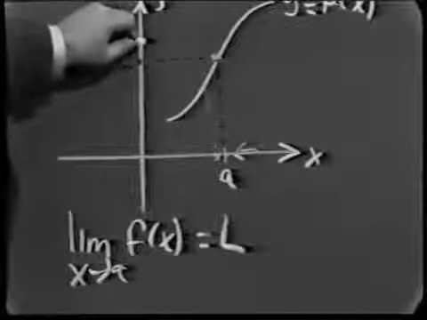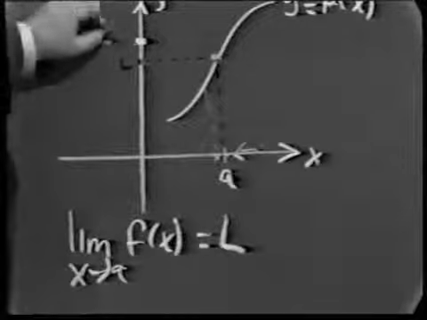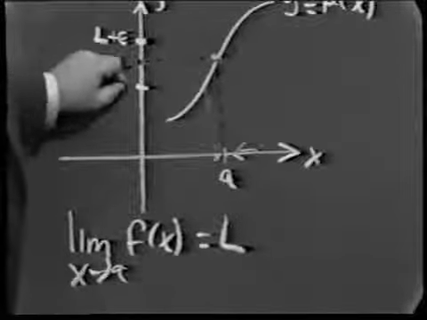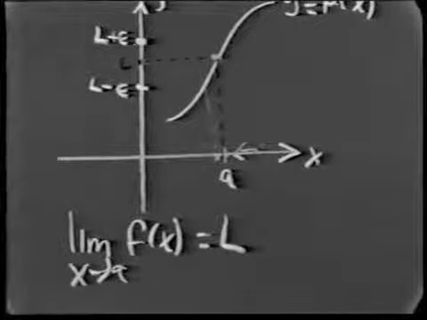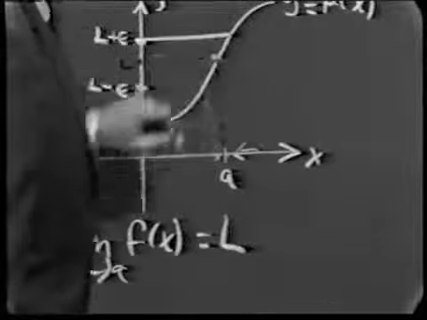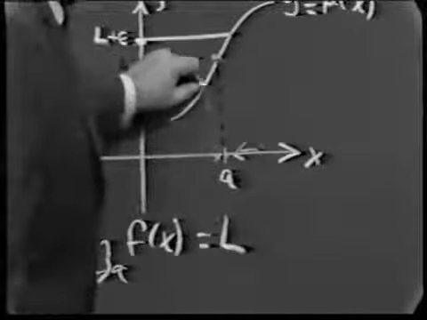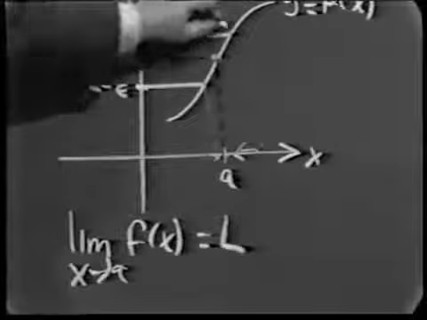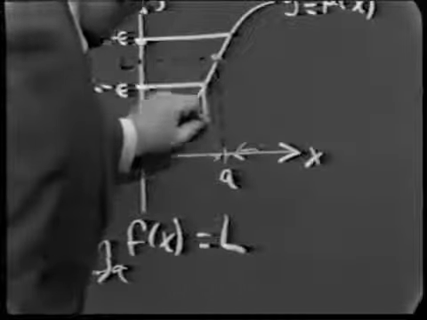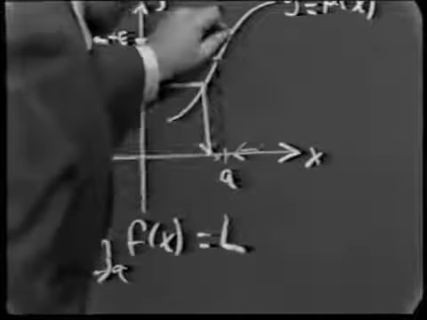Let's say that epsilon is this wide. Then since epsilon is positive, this will be called L plus epsilon. This will be called L minus epsilon. Now what we do is we come over to the curve here. Hopefully these will look like horizontal lines to you. When I get down to here, I then project down vertical lines to meet the x-axis.